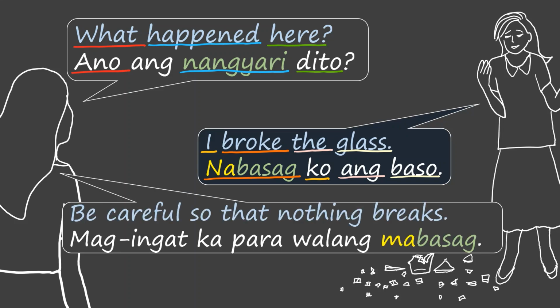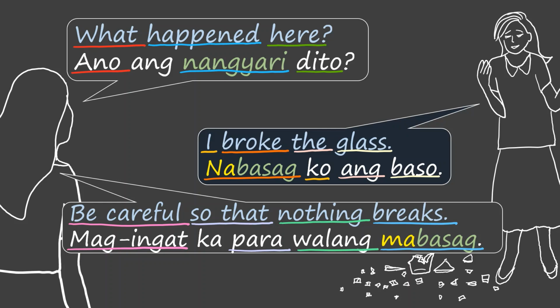Be careful so that nothing breaks. Mag-ingat ka para walang mabasag. Be careful, mag-ingat. So that, para. Nothing, walang. Breaks, mabasag. Now the Filipino sentence has a ka.